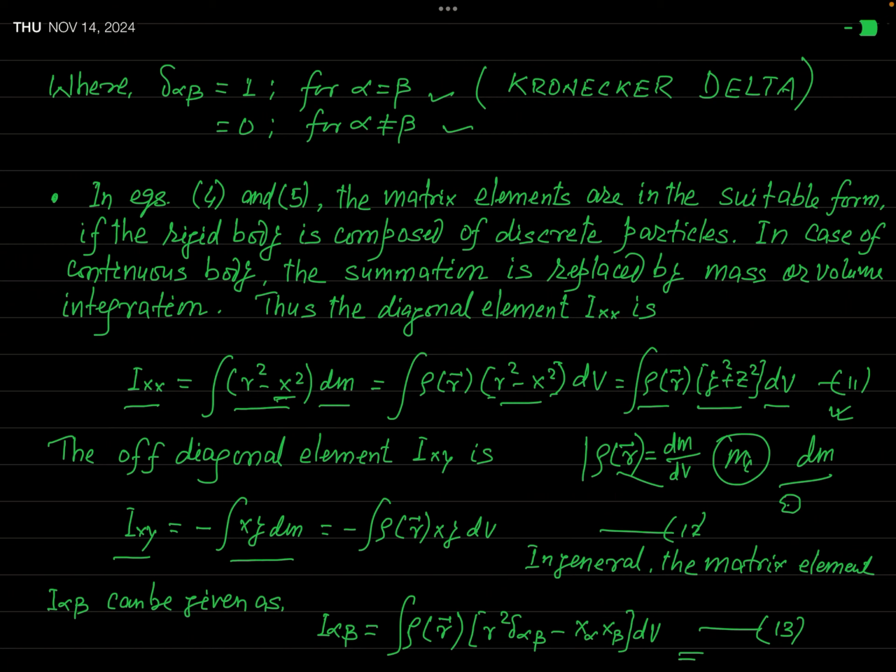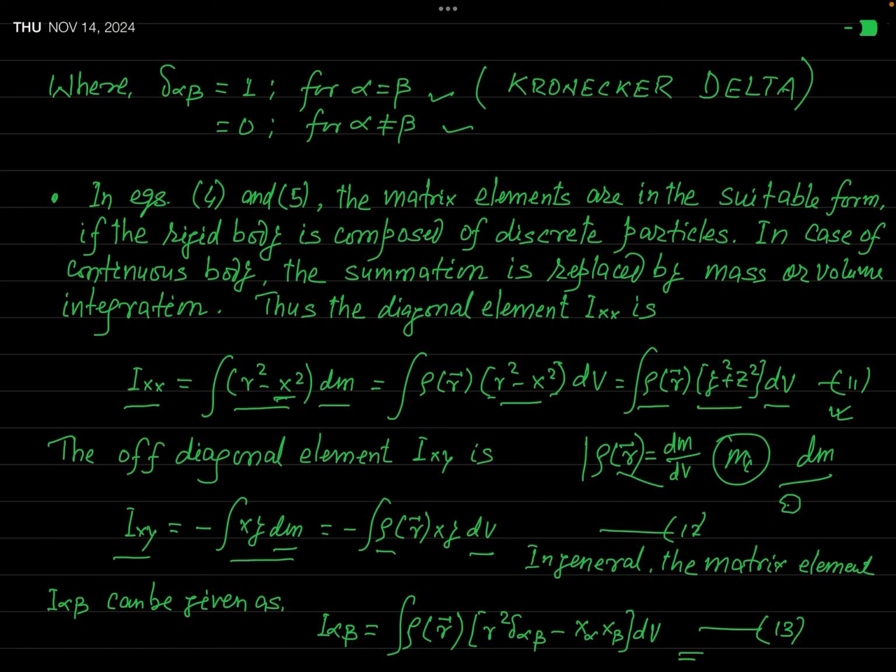There was summation over mi, now summation has been replaced by integration, and mi has been replaced by the mass element dm, okay. And in place of xi yi, you have to write now xy. Similarly, dm can be written as rho times dv, okay.